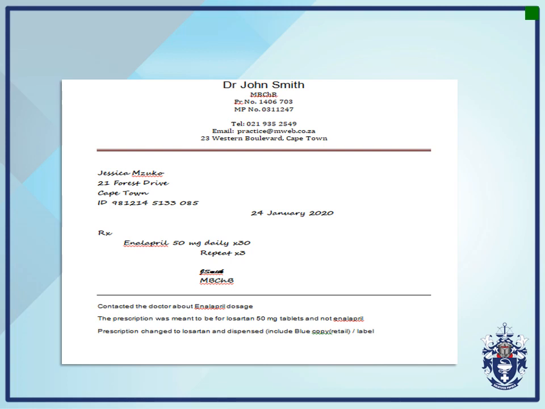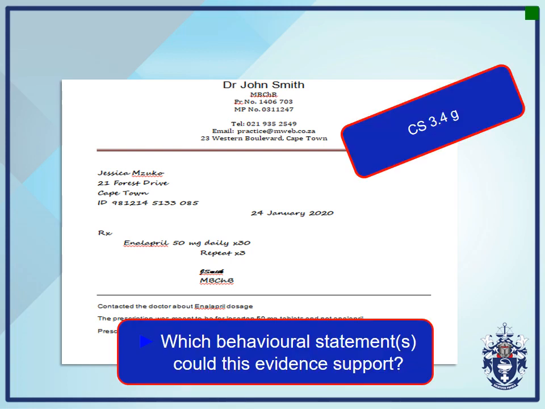Now, in terms of looking at the behavioral statements within 3.4, you'll see that G says consulting prescribers regarding anomalies or potential problems, incorrect doses, or drug interactions. That covers that particular anomaly, which is important to identify and to be able to link your evidence to that particular behavioral statement.